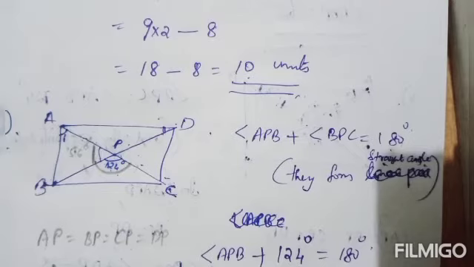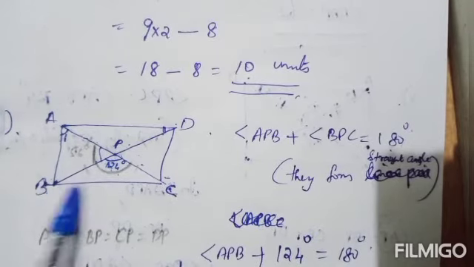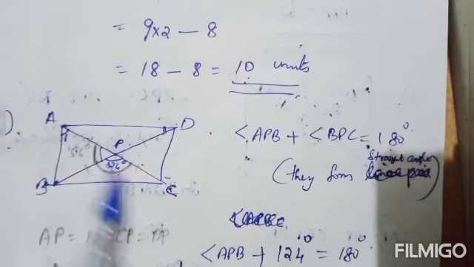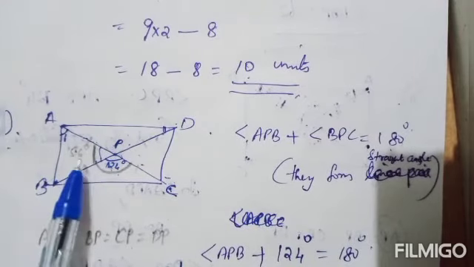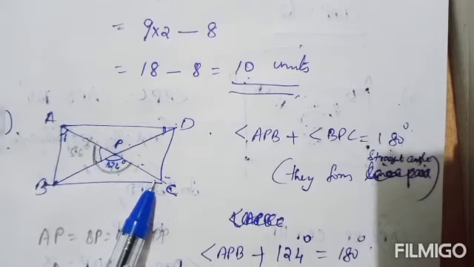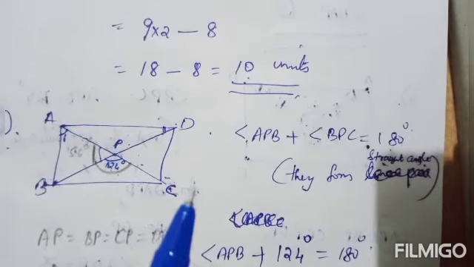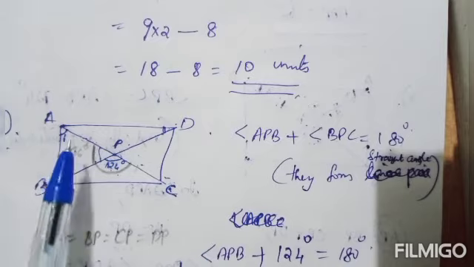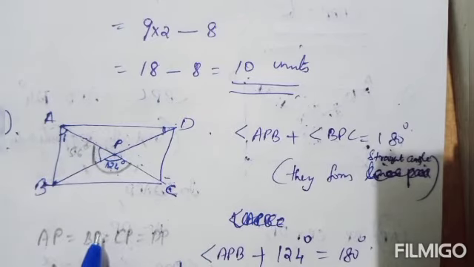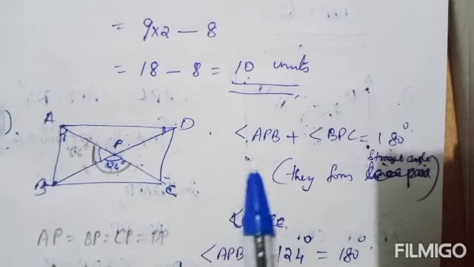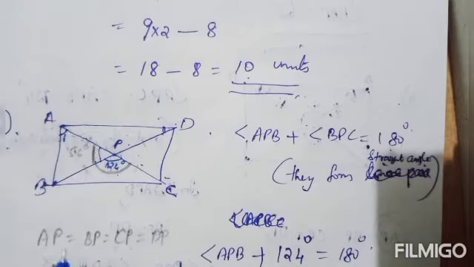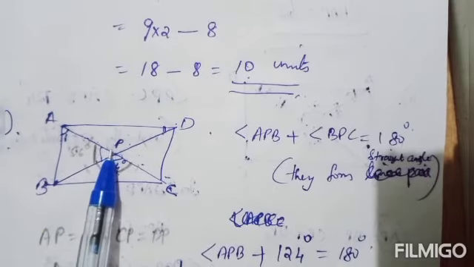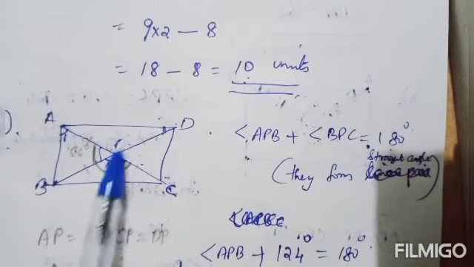Now you can use the properties of rectangle here, that means properties of diagonals of a rectangle. You know diagonals of a rectangle are equal in length and also diagonals bisect each other. So what we will get? AP equal to BP equal to CP equal to DP.